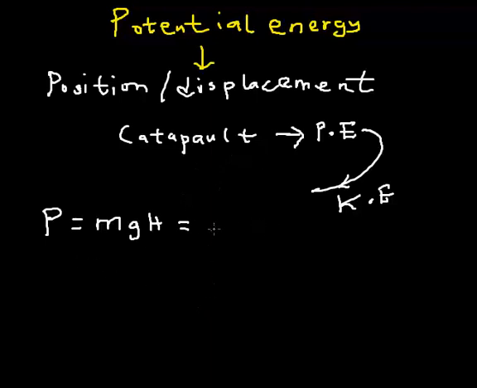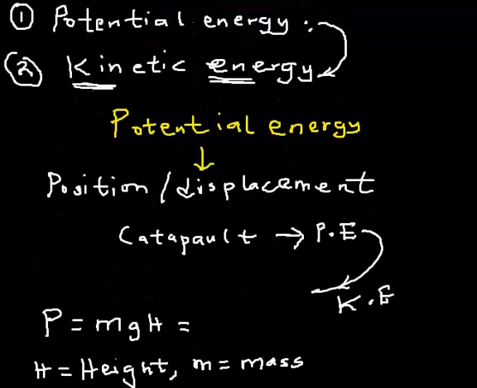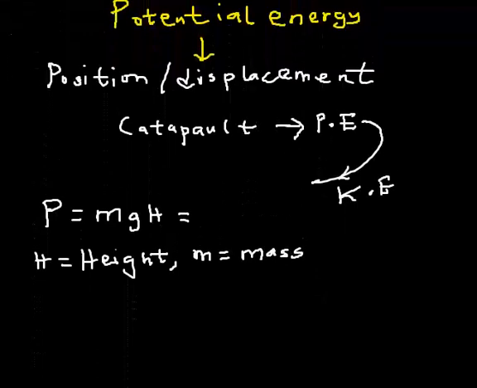Of course, you know what the H represents. The H is the height where that particular body was projected. The M is the mass of the body. Of course, the G is acceleration due to gravity. So please take note of that.